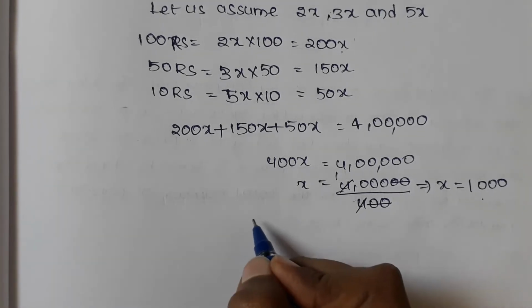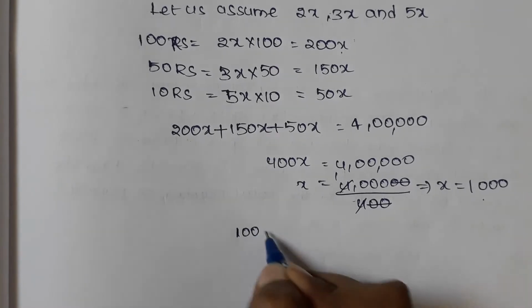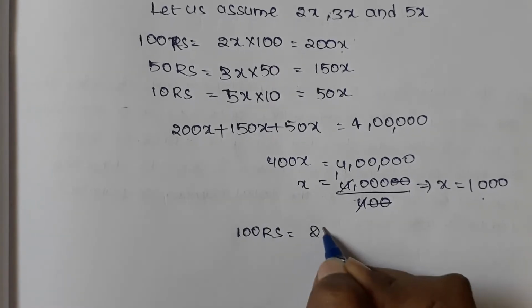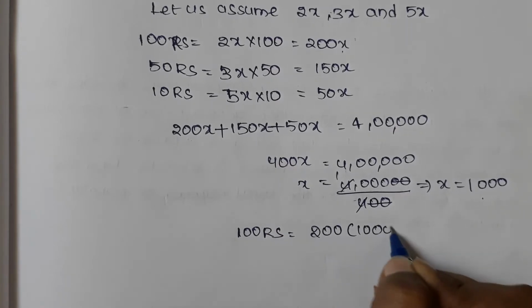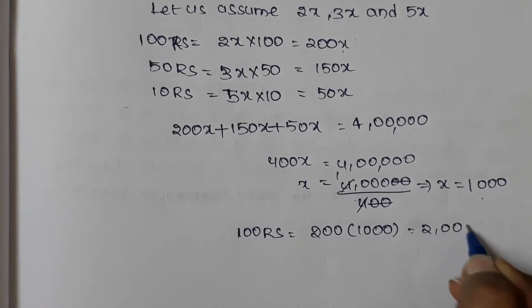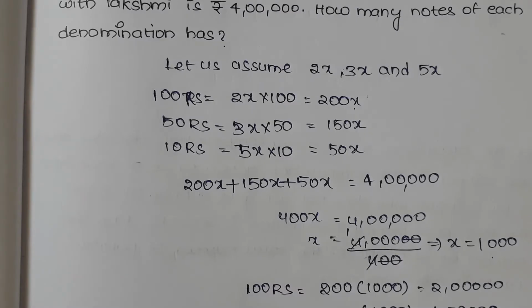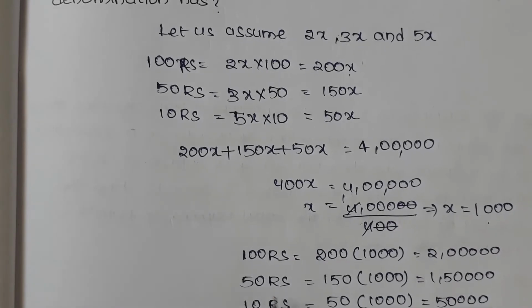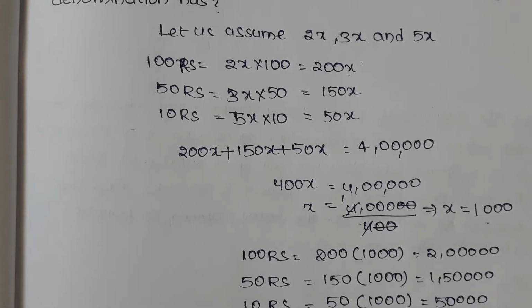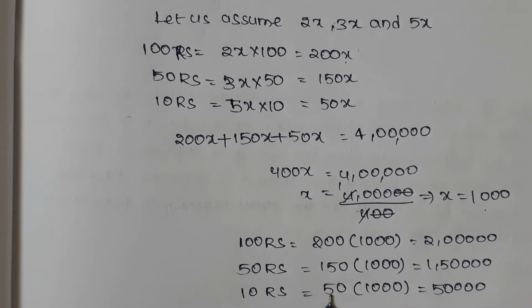Now 100 rupee notes, that equals 200 into 1000, that equals 2 lakh. And 50 rupee notes, that is 150 into 1000, that is 1,50,000. And now 10 rupee notes equals 50 into 1000, that is 50,000. And this is about the 14th problem.